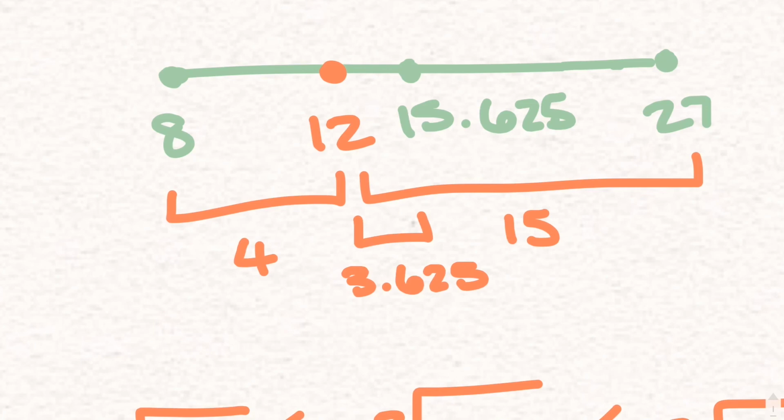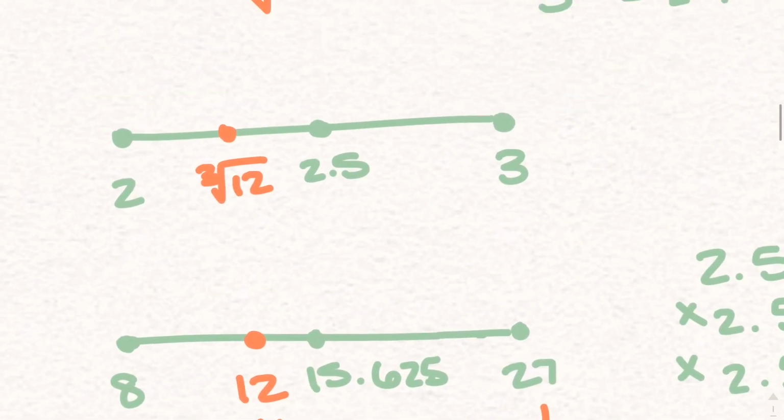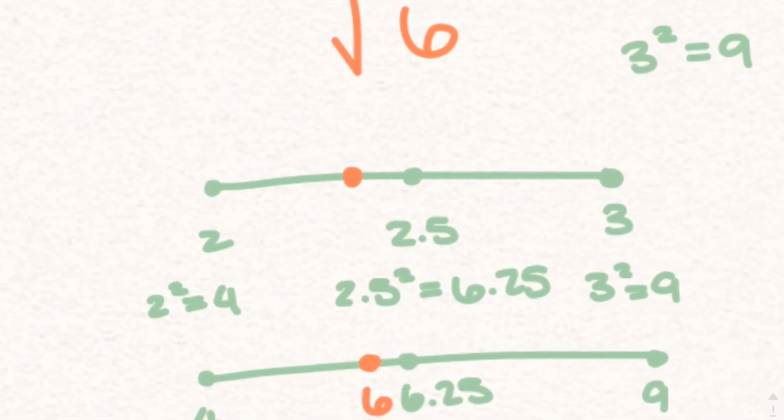So we know that 12 is going to be closer to 2.5 cubed than it is to 8. Which means that the cube root of 12 is going to be closer to 2.5 than it is going to be to 2. And then using this method, you can place square roots on a number line, just like we did over here.